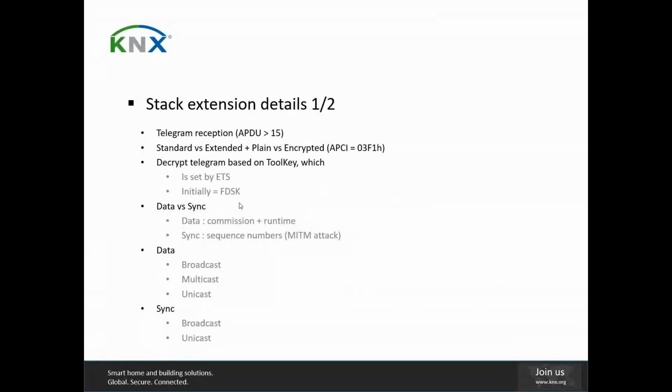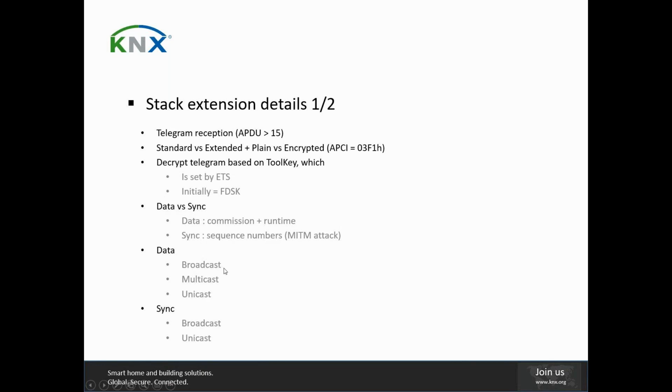So data and synchronization. Within data, we then need to distinguish three subtypes, if you want, because they all need their own specific implementation within the stack. So what are the subcategories for data? Well, it's listed on the slide here.